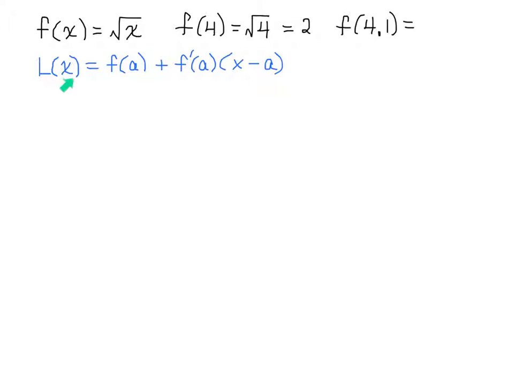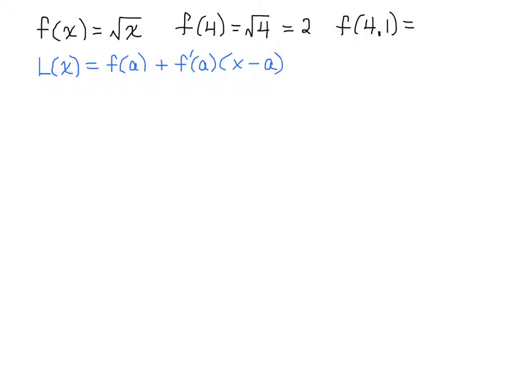We're saying that this line is very close to the square root curve. So whatever height this line reaches, very close to x equals 4, is going to be pretty darn close to what the square root would be even at 4.1, because we're really, really close.